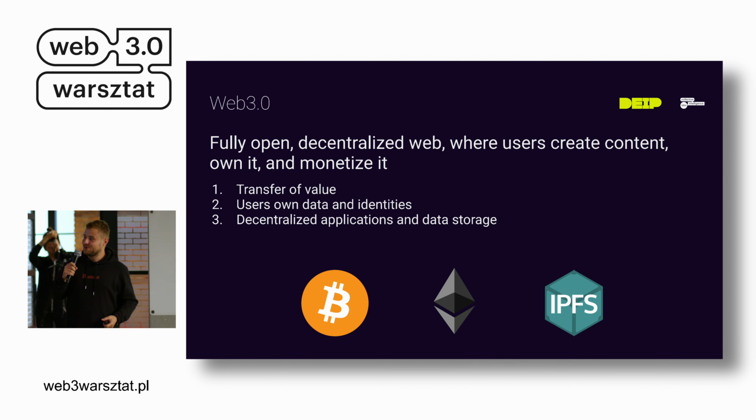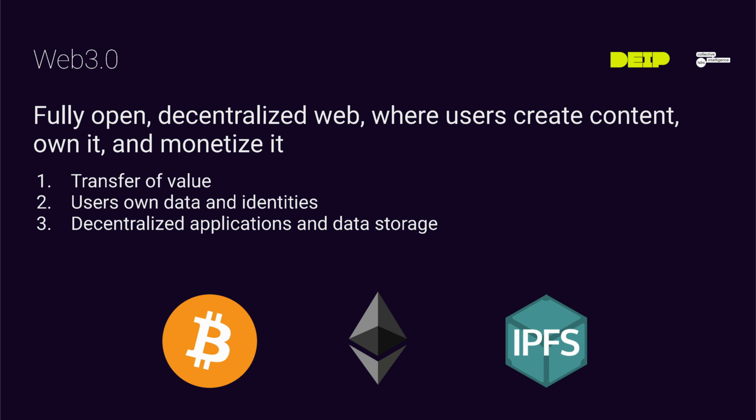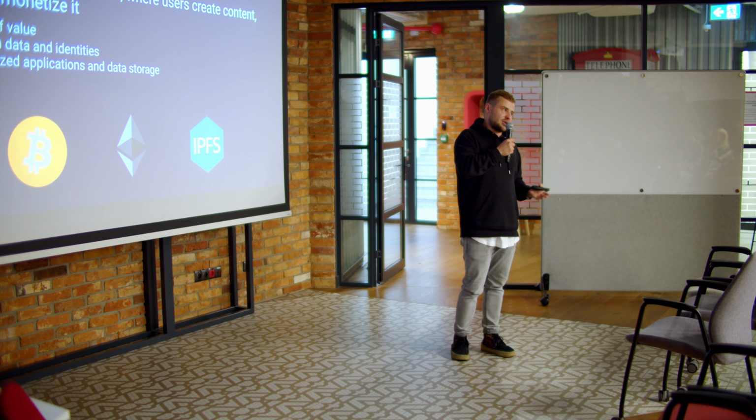So you all know Bitcoin. I guess everyone heard of it. And this is a technology that made the biggest impact on the current state of Web3, because it made this single thing available: a transfer of value in a secure and transparent way. It was not possible before this, because before Bitcoin, if you wanted to transfer any value on the internet, you had to use forms for credit cards.